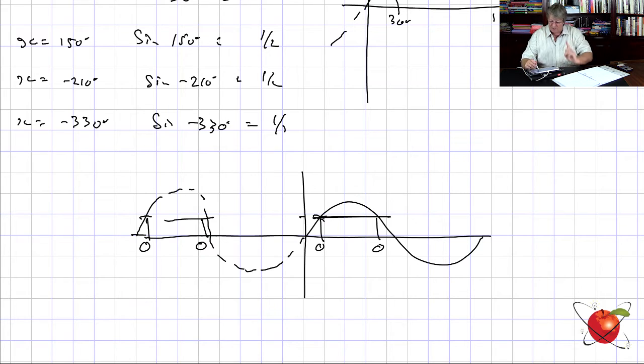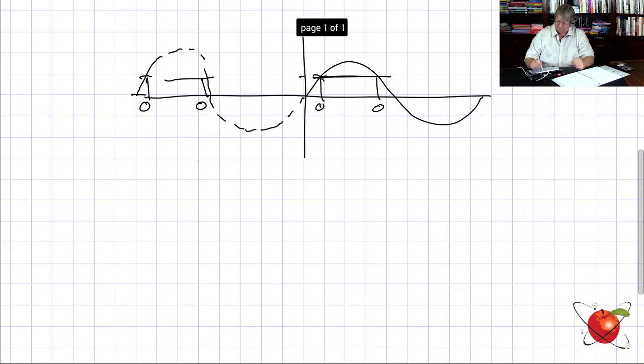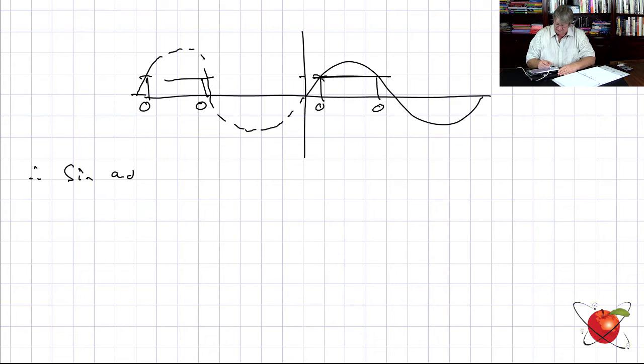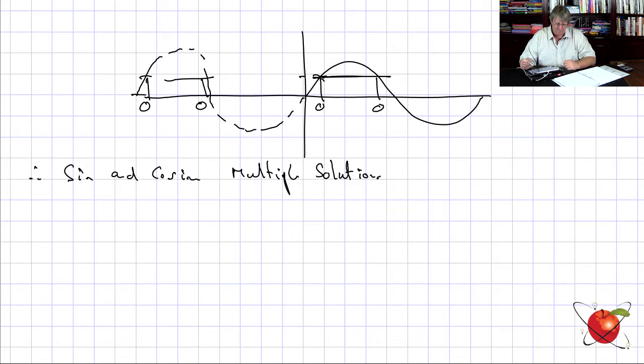You can see that for sine and cosine, we get multiple solutions. Now, remember the domain business.